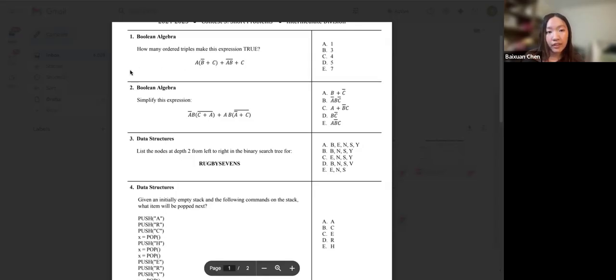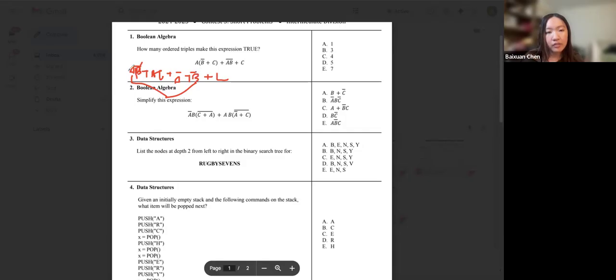So we have A, not B, plus AC, plus, and again, we can use this trick, so not A plus not B plus C. And remember, these two will just turn into not B because this can already represent this.